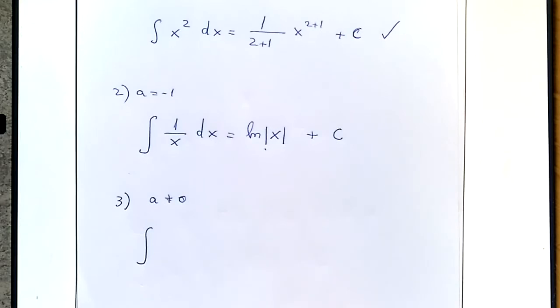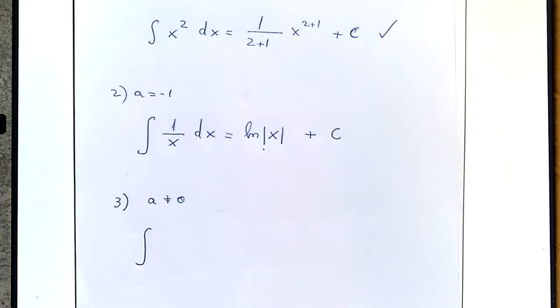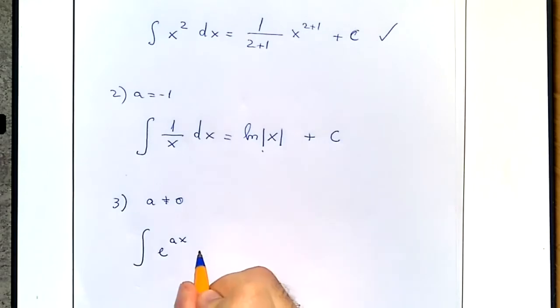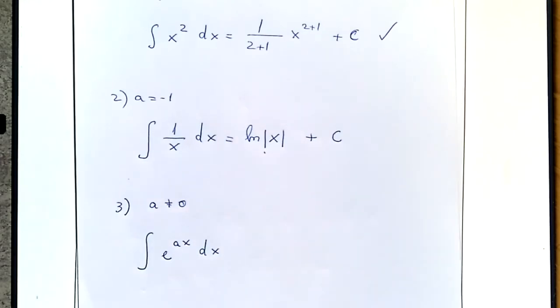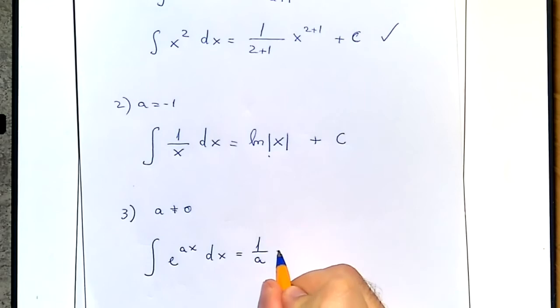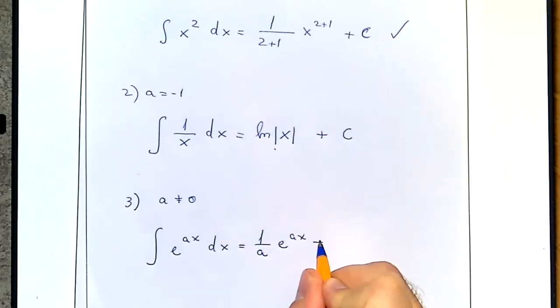Is there a question? Just stop me if anything, guys. So the integral of e^(ax) dx, and I think I've already tortured more than half of you on this seminar with this derivative. In case you don't know, it's just 1/a e^(ax) + c.